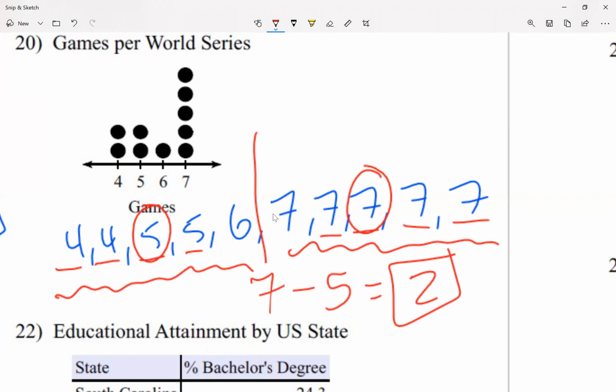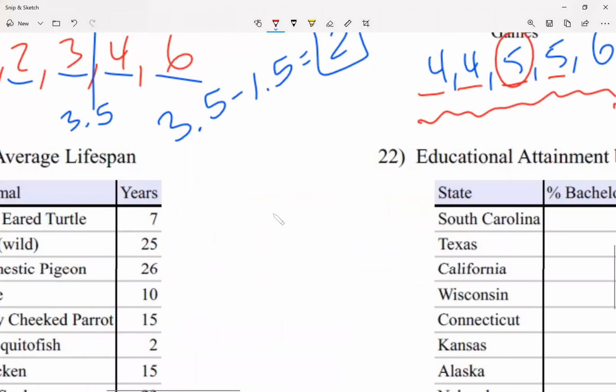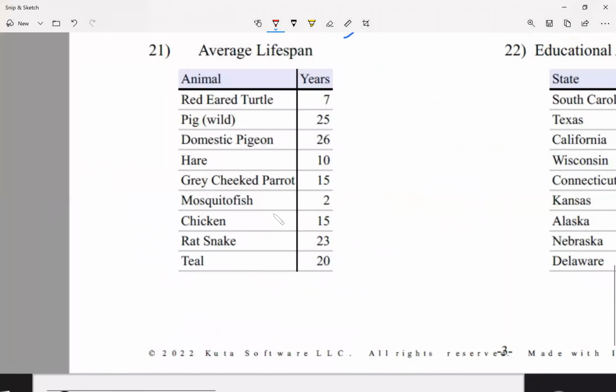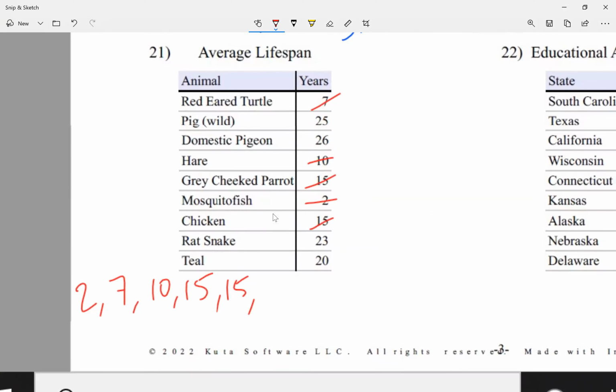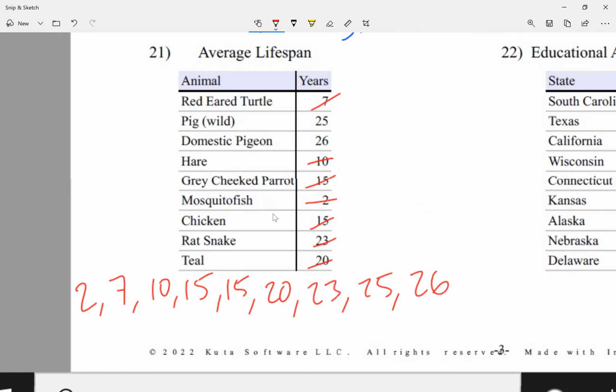All right, let's take a look at number 21. Remember, I'm working up until 24. Let me list my numbers from small to large. 2, 7, 10, 15 twice, then 20, 23, 25, and 26.